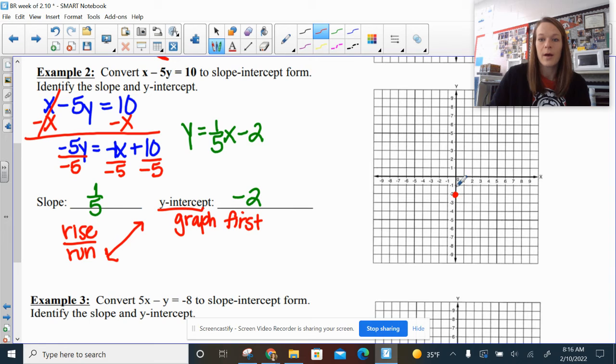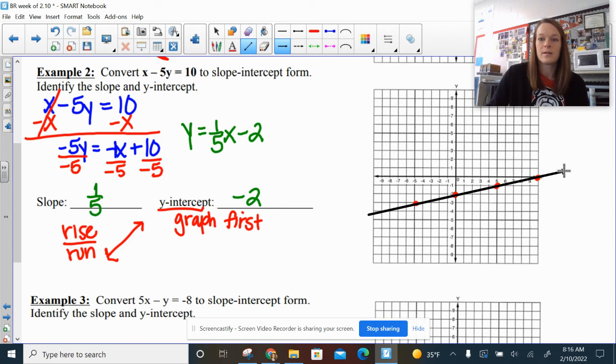So I'm going to go up 1 and over 1, 2, 3, 4, 5. Up 1, over 1, 2, 3, 4, 5. You can also go down 1 and left 1, 2, 3, 4, 5. And then you can connect those together.